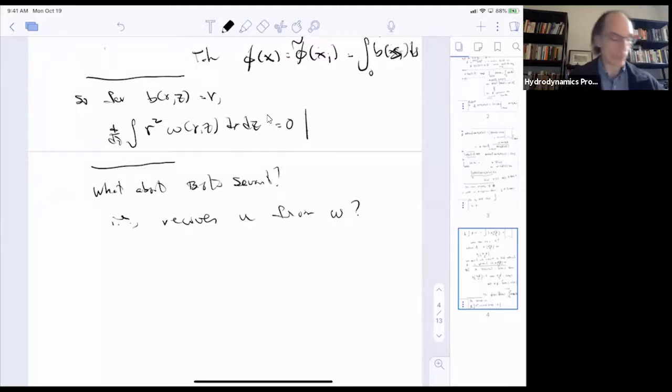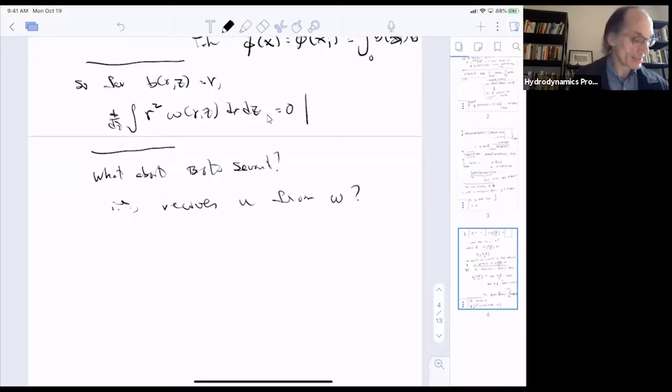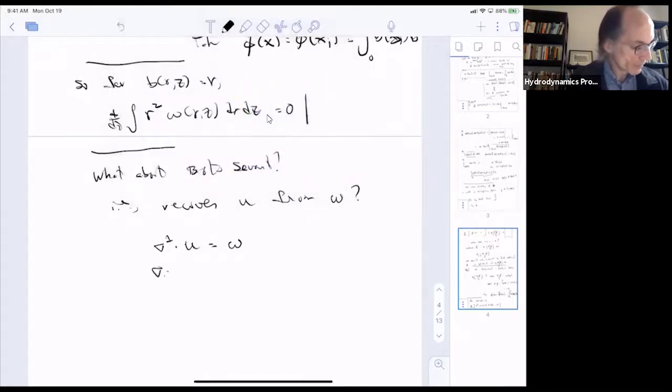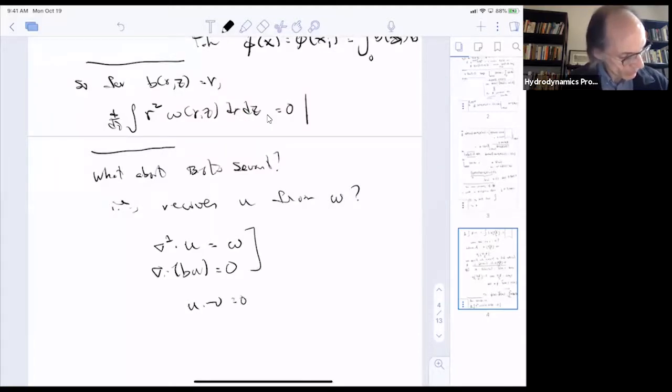And so remember, the way we do this is, well, in this setting, we want to solve the curl or grad perp dot u is omega, and okay, so this is what I would call the Biot-Savart law.